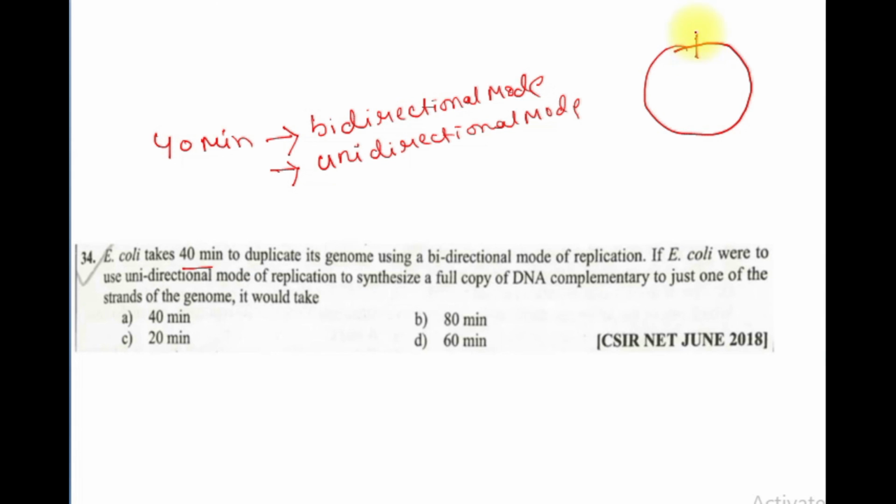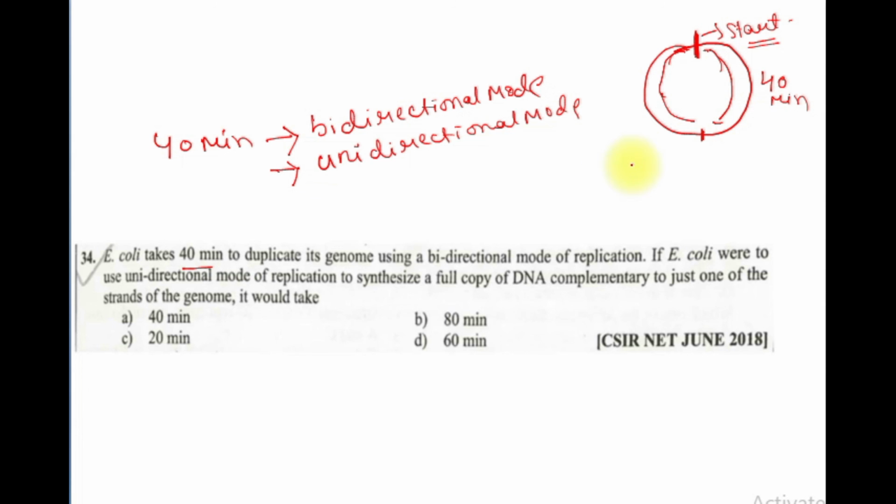If we consider this as the point where the replication starts, and it is replicating in both directions, there will be a point where they meet, where the replication will be completed. Here it is taking 40 minutes to complete the replication.